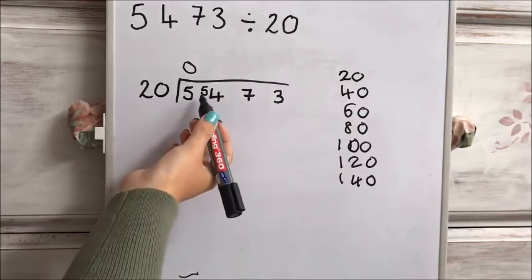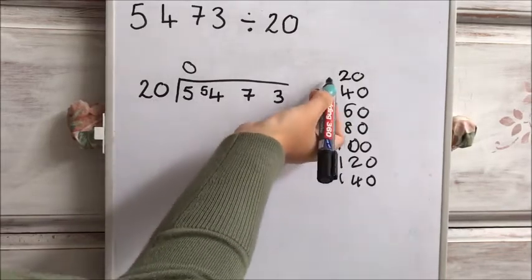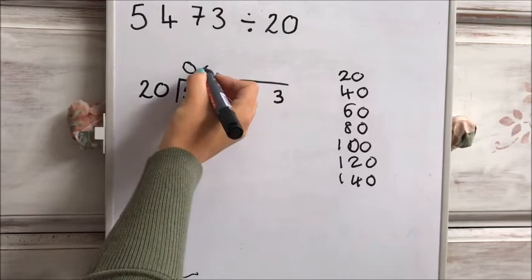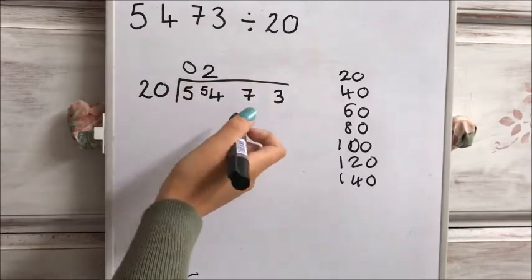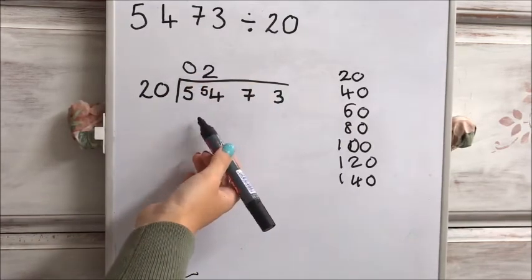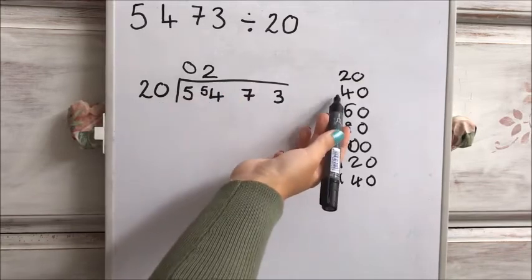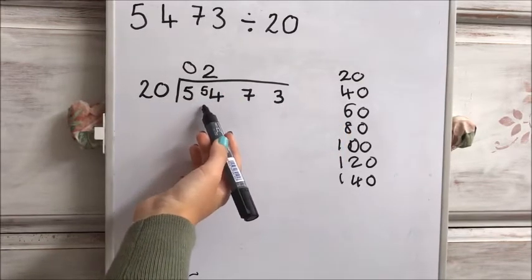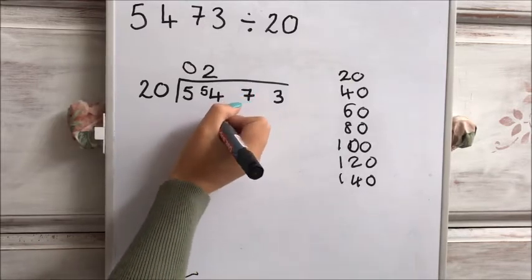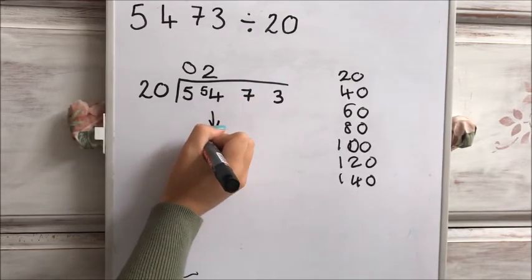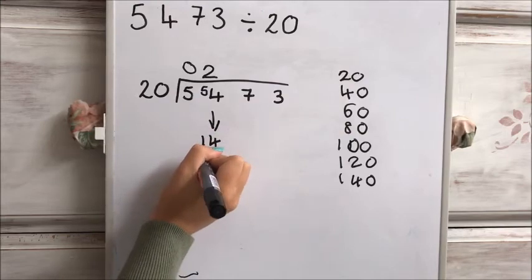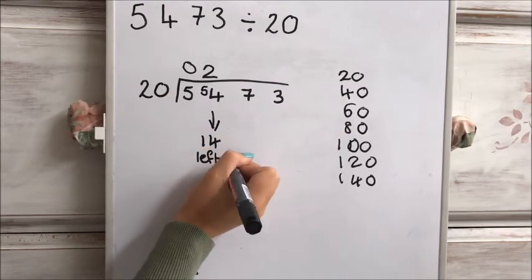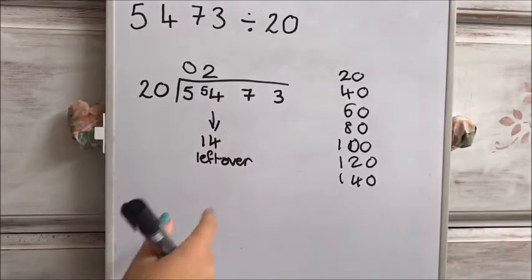So we know that 20 goes into 54 twice, because 20 times 2 is 40. So we write a 2 at the top. However, we definitely have some left over, because 2 times 20 is 40 and our number is 54. Therefore, we have 14 left over. I'll write that at the bottom, just so you know. Okay, lovely, 14 left over.